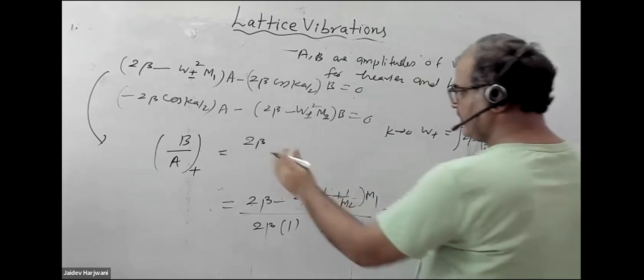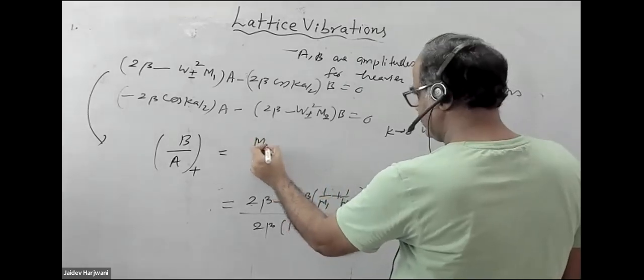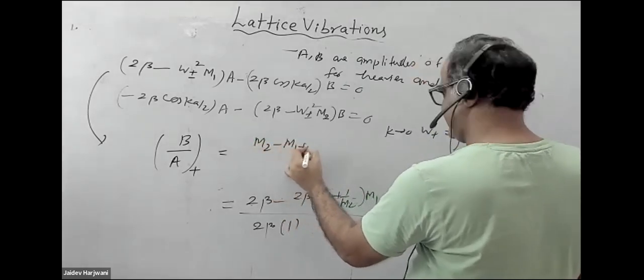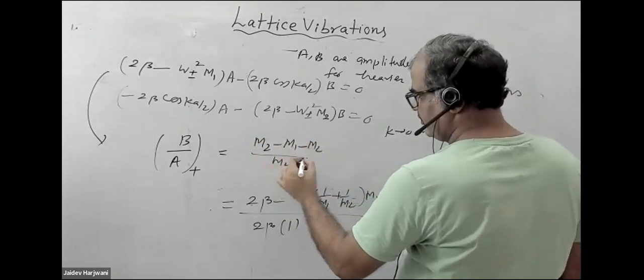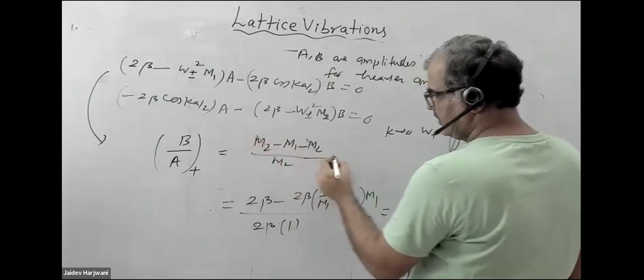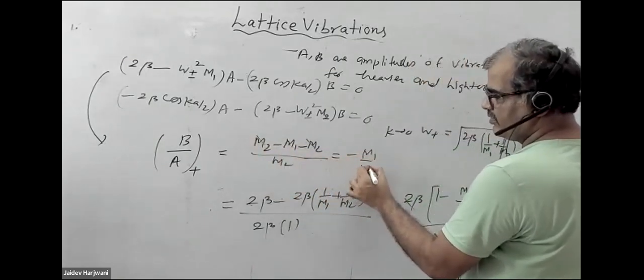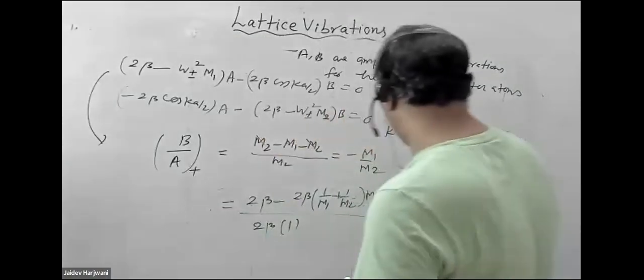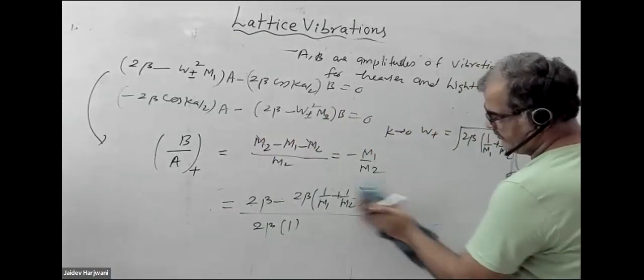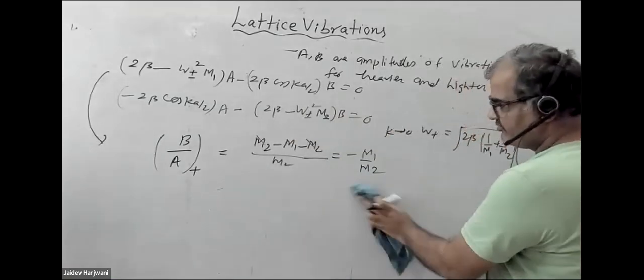So you will have m2 minus m1 plus minus m1 minus m2 upon m2. The m2 cancels, and this becomes minus m1 upon m2. So the ratio is, now, not the same.